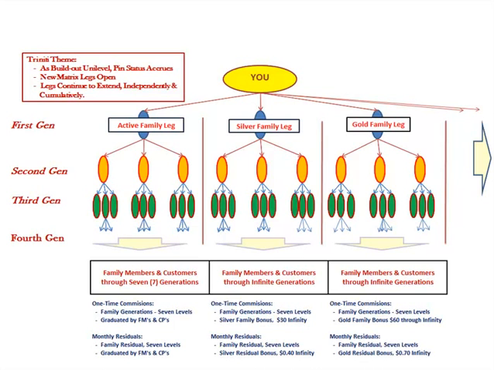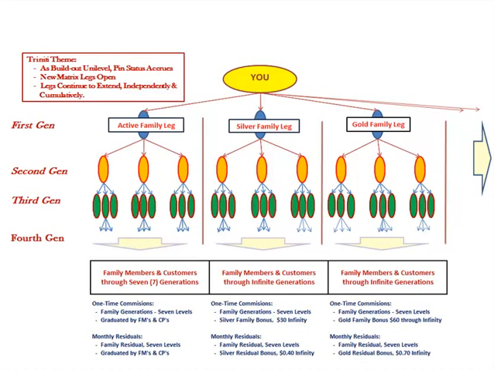The next step up is the silver leg. There you have the same one-time commissions that paid through 7 levels, but the bonus is $30 on every family member in your organization, and that goes down through infinity. So that's the big difference that starts on the family leg.